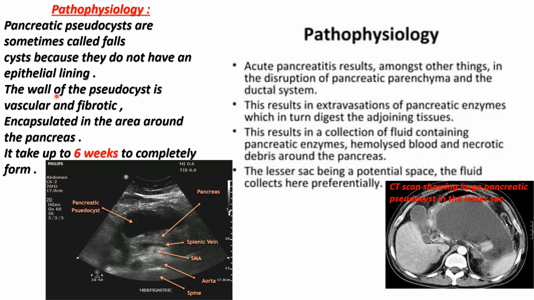The wall of the pseudocyst is vascular and fibrotic, encapsulated in the area around the pancreas. This is the pancreas and this is the pancreatic pseudocyst. Pancreatic pseudocysts take up to 6 weeks to completely form.